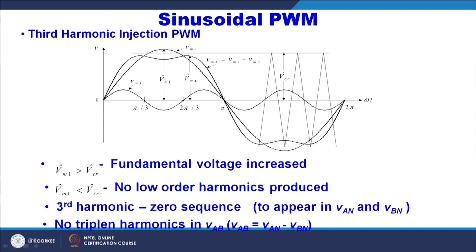And what are the advantages of it? This is the modulation waveform fundamental. With that you add a little amount of third harmonic, and what will happen is the resultant peak will become like this, but effectively the fundamental will be increased, and thus you will get a little more modulation index, and it will still be in the linear region.